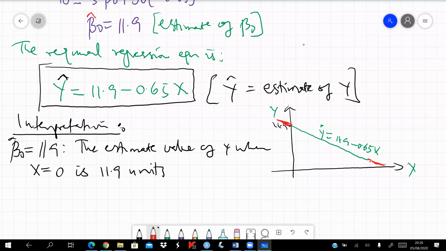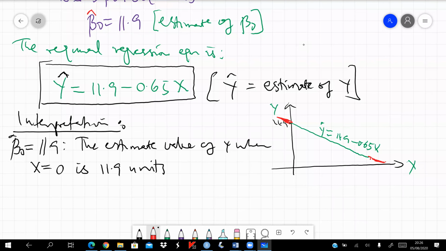Okay. Then the slope coefficient is actually much more interesting. Beta 1 estimate, which is minus 0.65.